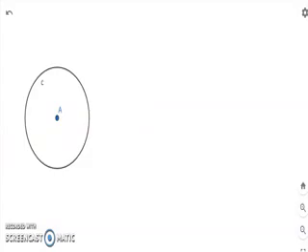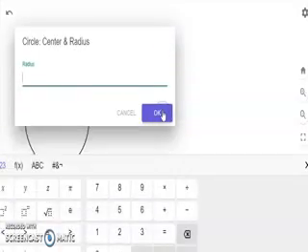another circle of same radius, that is 2 cm with center B, and I am taking radius as same as previous circle, that is 2 cm.